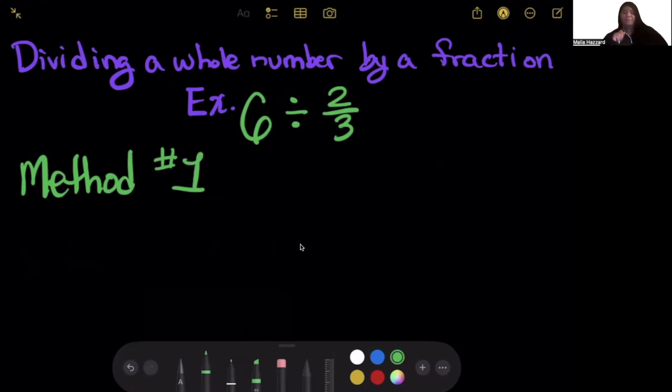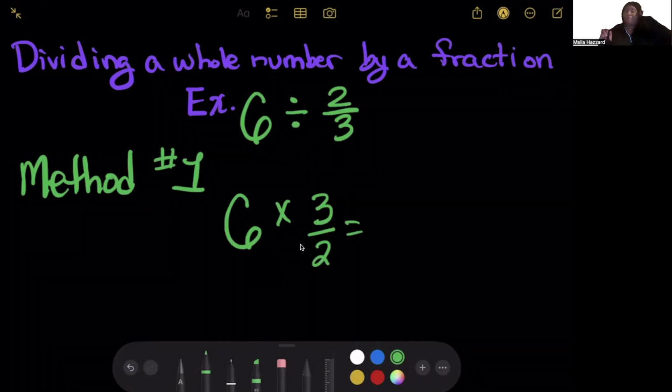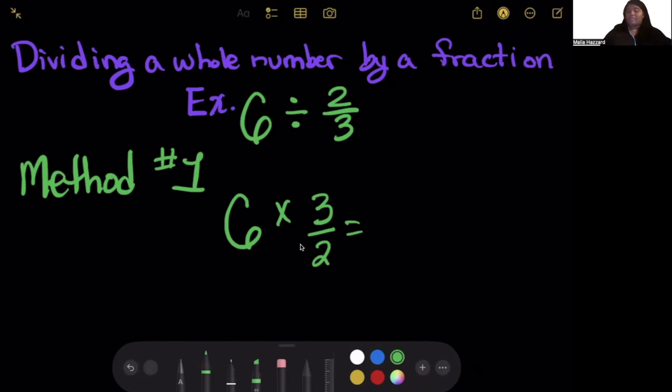I'm going to keep, change, flip. I'm going to keep my first number, which is 6, change from division to multiplication, and then flip the fraction. So this gives me 3 over 2. Okay. So if you're a person who likes both numbers to be fractions, you can easily do that.